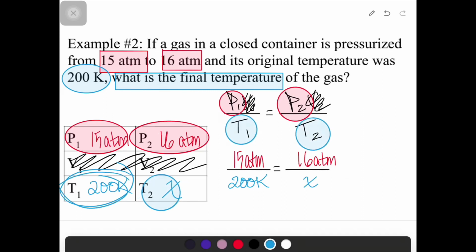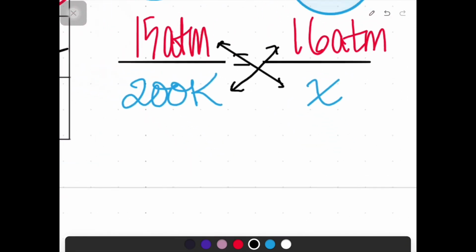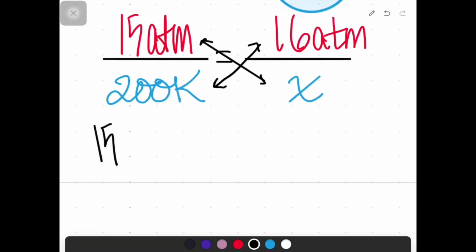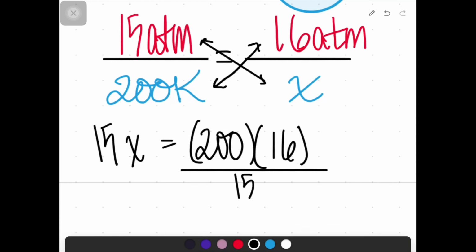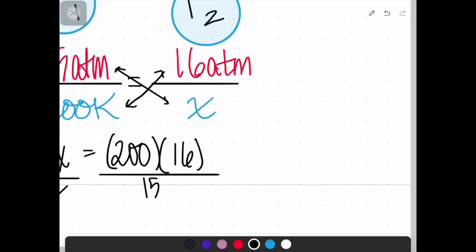All right, so favorite part, I just solve for X. That will give me X equals 213, and again, another rounding situation.